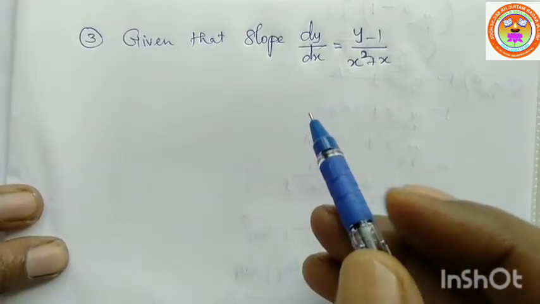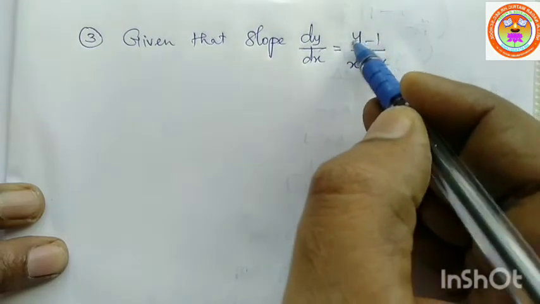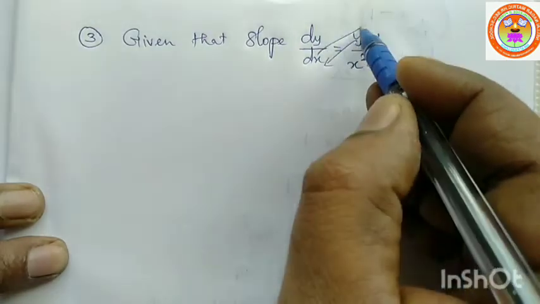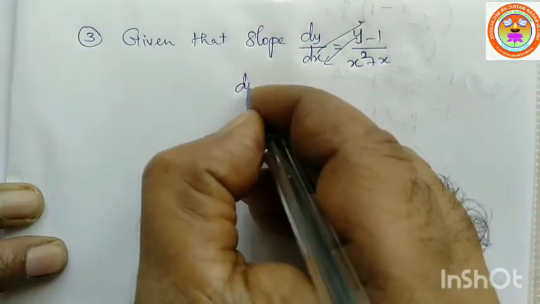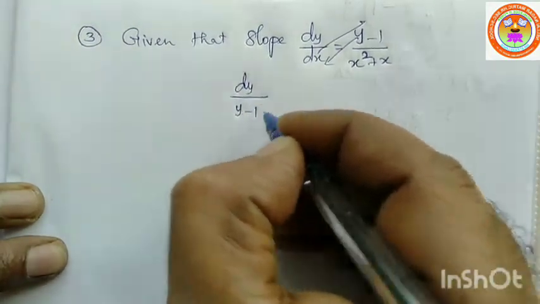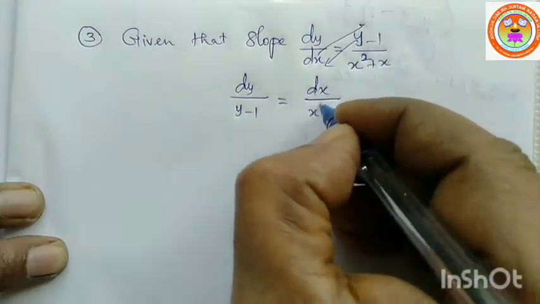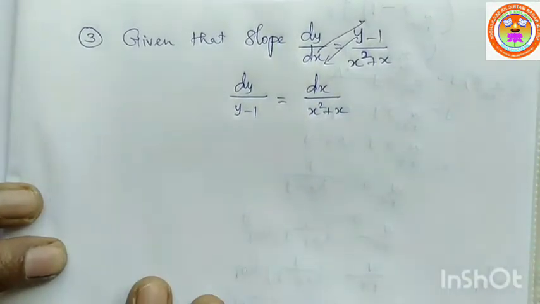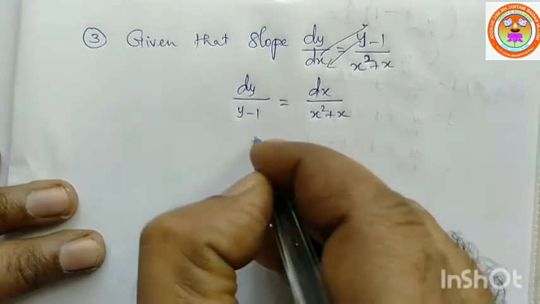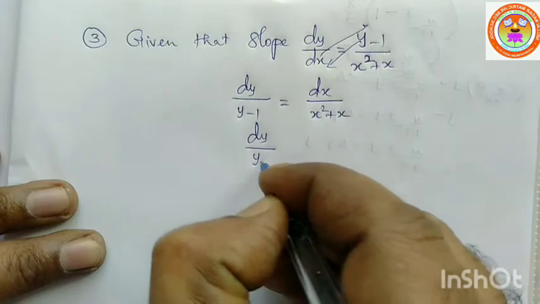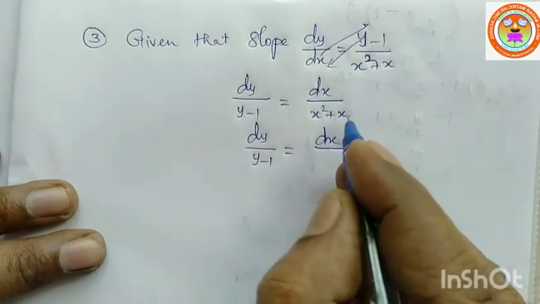Now we are going to separate the variables. See, y term, so we can bring it down. This x term, we can take it into the numerator. So we will get dy by y minus 1 is equal to dx by x square plus x. That is, dy by y minus 1 is equal to dx by, here x is common.